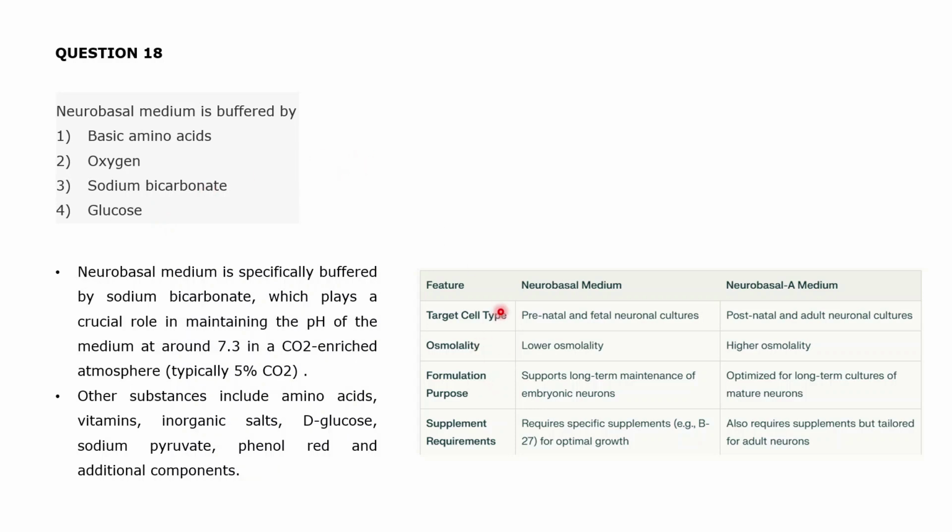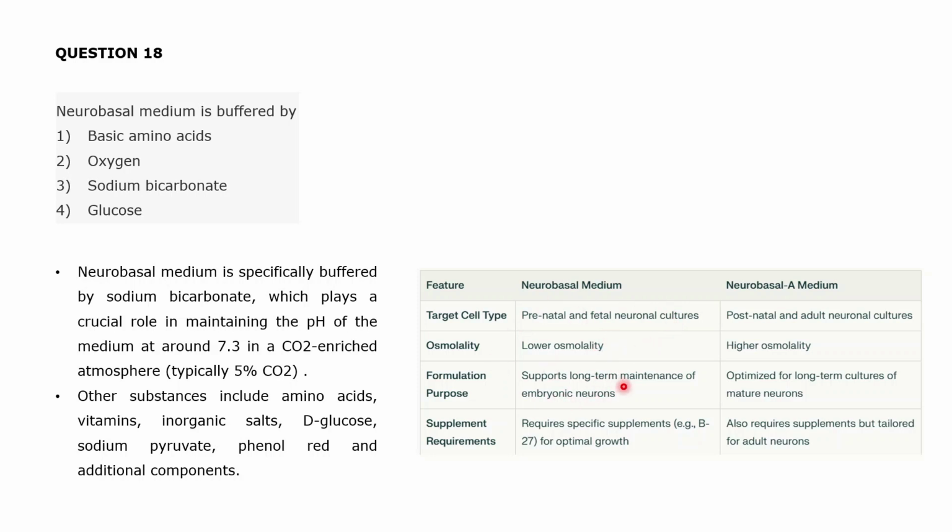Neurobasal media is a specific, defined media that is used to grow or culture neuronal cells only. There are different types of neurobasal media. One example is B27, a commonly used neurobasal media. It is used to grow prenatal as well as fetal neuronal cultures, and it has low osmolarity.